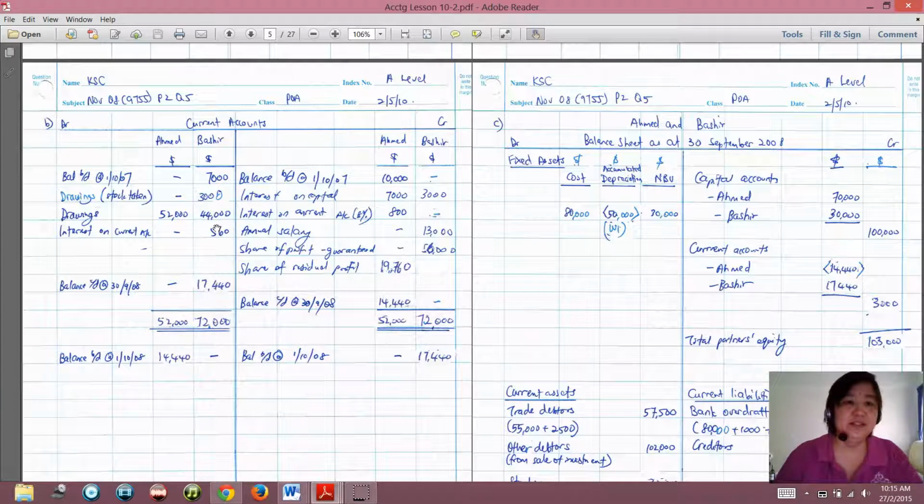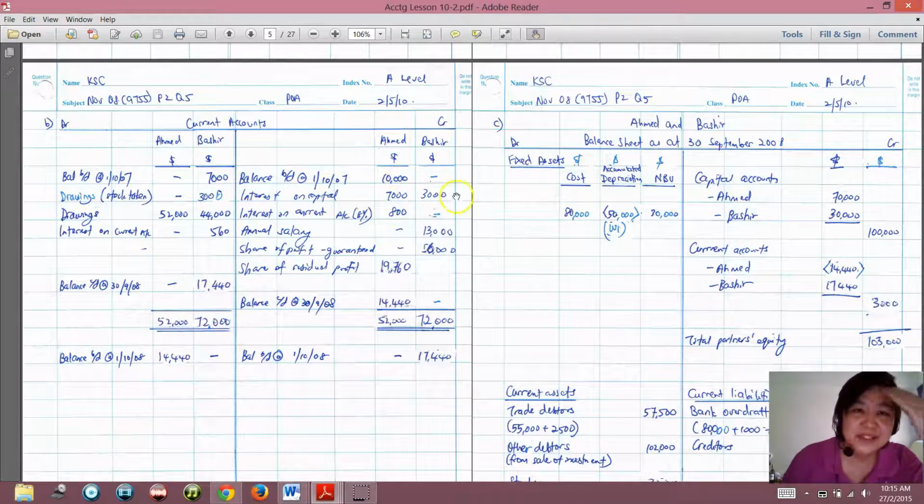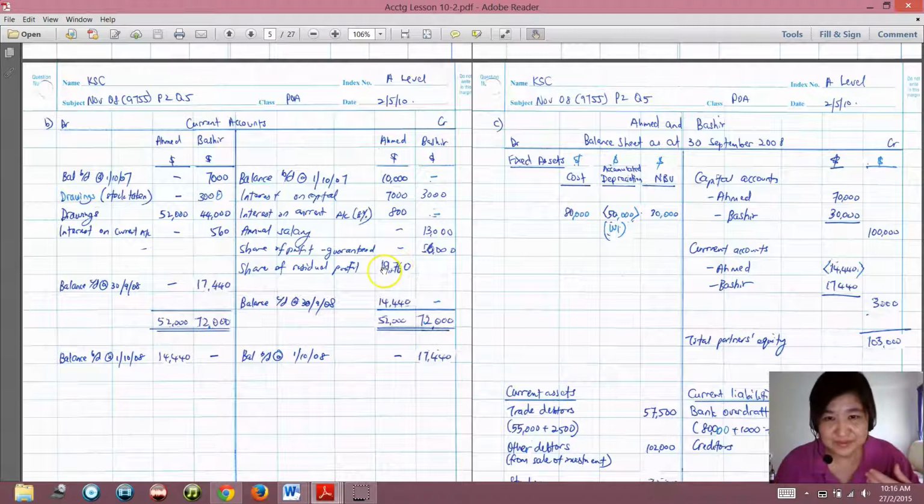So what can you understand with this current account? First of all, think of this account as something like a creditor account. Let's say you put yourself in the shoes of this partner. If I'm Ahmad and you credit the amount in Ahmad's current account, Ahmad will be happy, because the company will owe him more money.